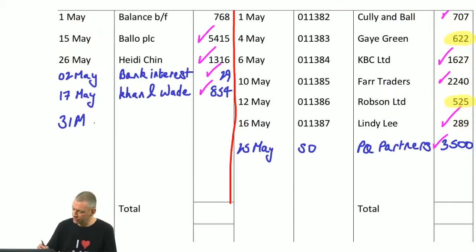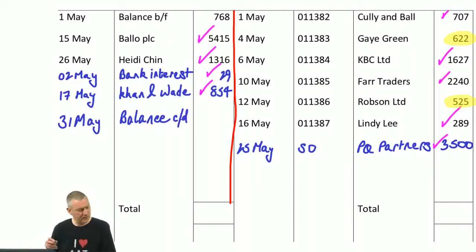Let's make it bigger. I'm struggling to write. Balance carried down, and I'll talk about the writing after that. They like to go for abbreviations here, and that balance carried down will be brought down on the 1st of June. It looks a bit weird.